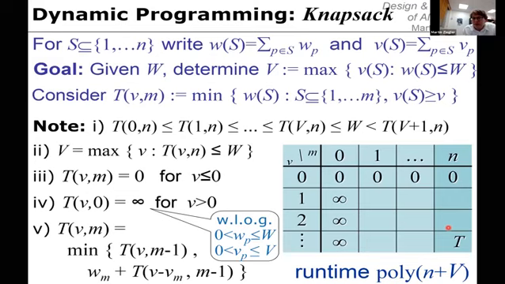So when the value we're looking for is large, exponential in the input's binary length, then this algorithm will not be a polynomial time algorithm. Whereas if this value is small, then this can become a polynomial time algorithm.